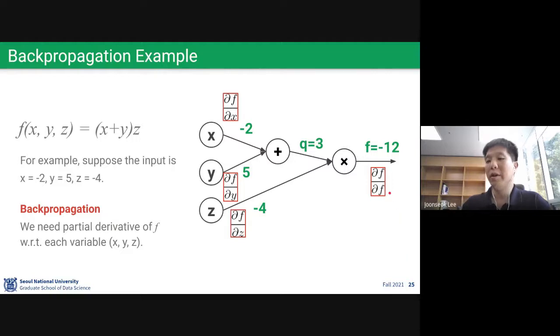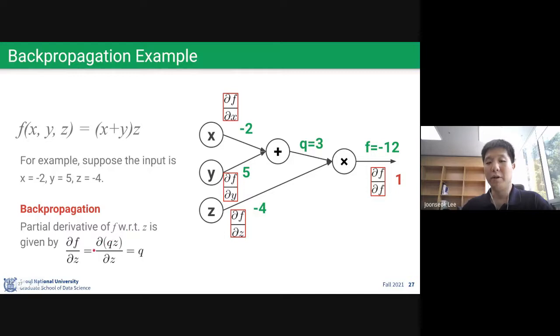So in the end, we start with the partial derivative of f divided by the partial derivative of f, which is always 1. And then let's compute this part. So for fz, f is q times z, and q is x plus y.